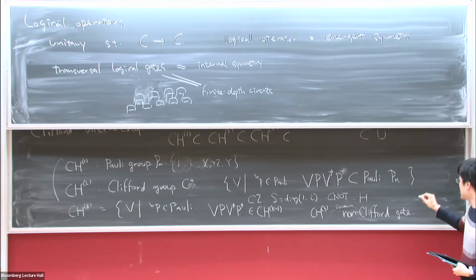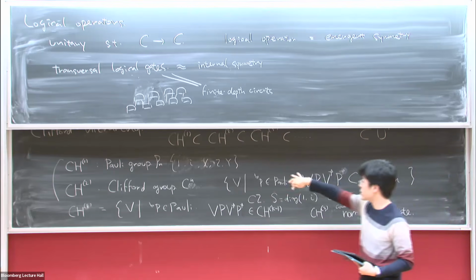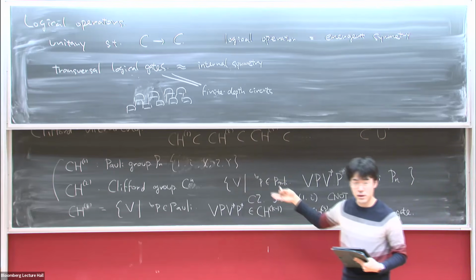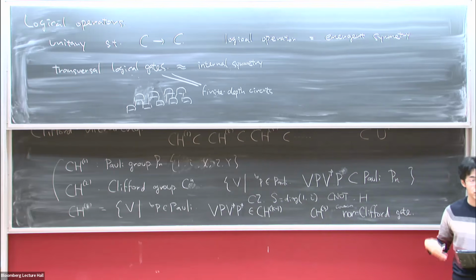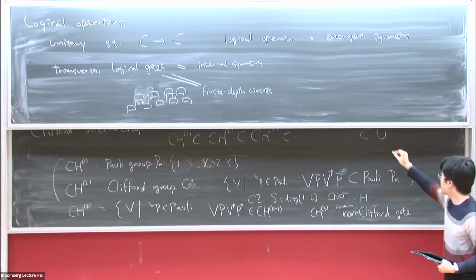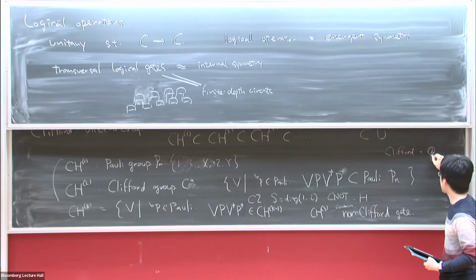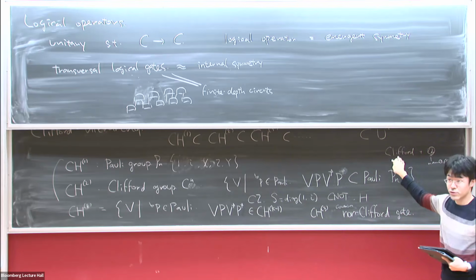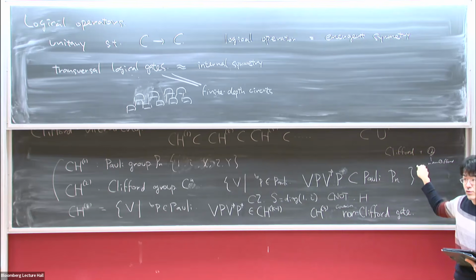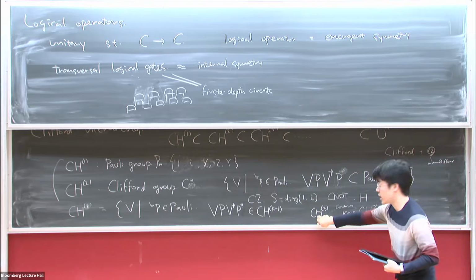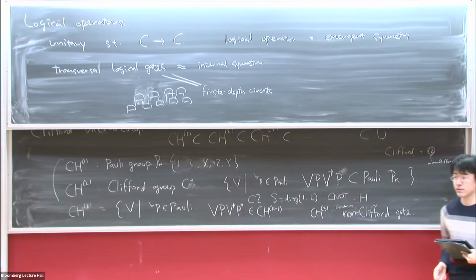It is also known that the Clifford gate set cannot do universal computation and can actually be efficiently simulated by a classical computer, but if you add a single non-Clifford gate in addition to the full Clifford gate set, it is always universal. So the genuine element of CH3 becomes very important.